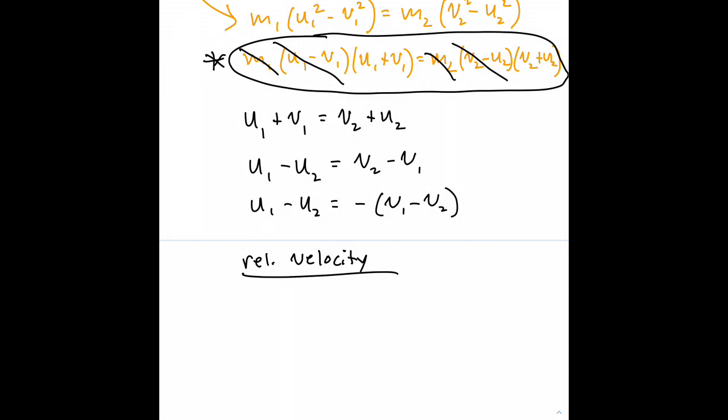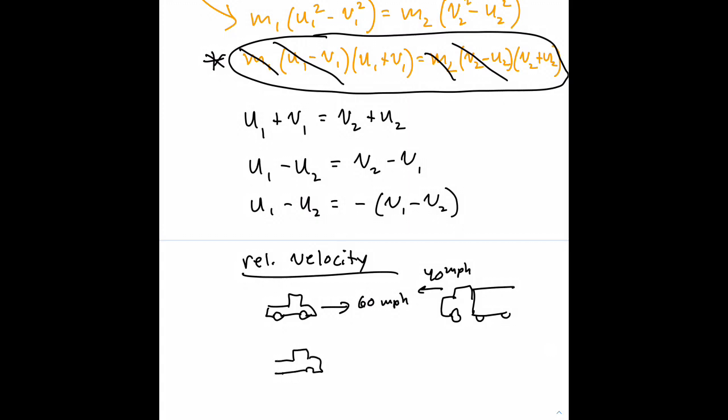For example, this might be a bit morbid, but if you were driving a vehicle down the freeway at 60 miles per hour and a giant semi, for some reason, is coming at you in the wrong lane, driving at maybe 40 miles per hour in the opposite direction, I think in a way this would feel something like driving your car at what? 100 miles per hour straight into a brick wall, right?